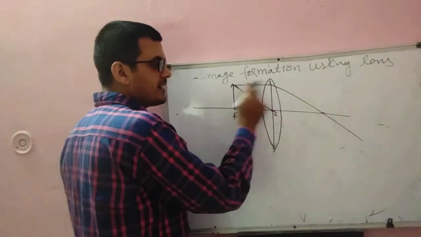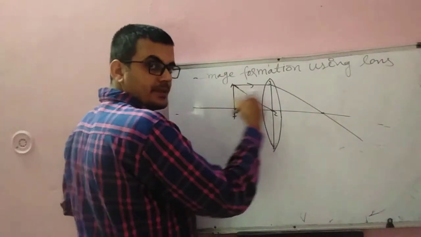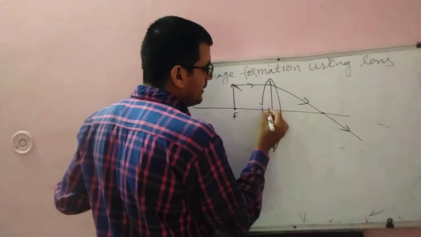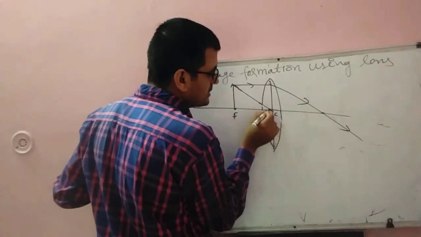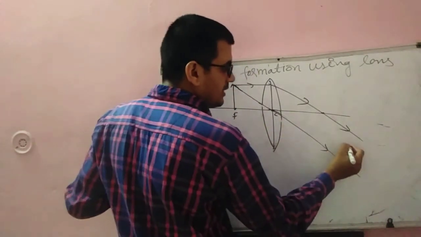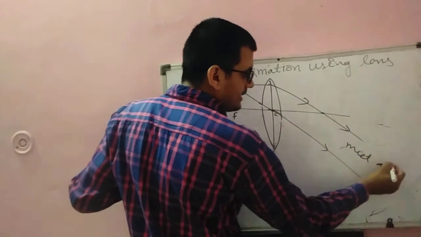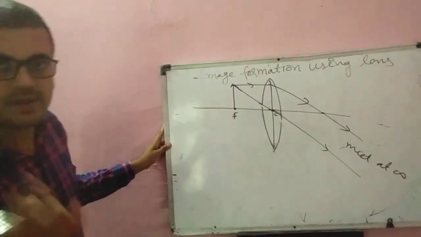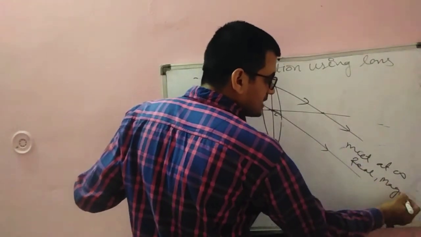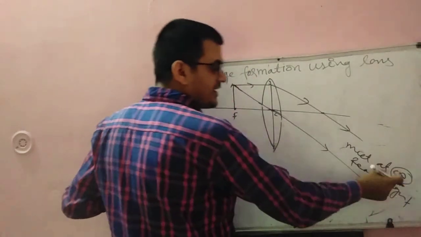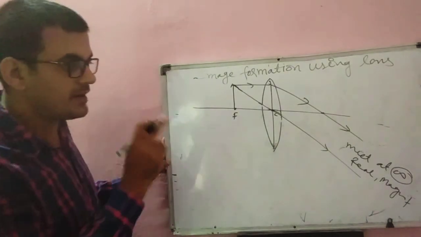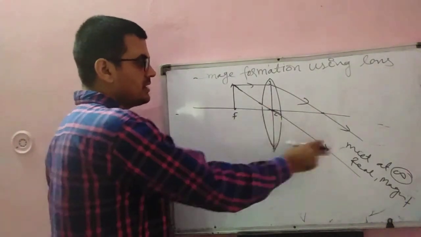So the ray of light which passes parallel to the principal axis passes through the focus, and the ray which passes through the center of curvature goes undeviated. So what will happen? It will meet at infinity, where a real and magnified image will be formed. At infinity, a real and magnified image will be formed. These rays will meet at infinity.